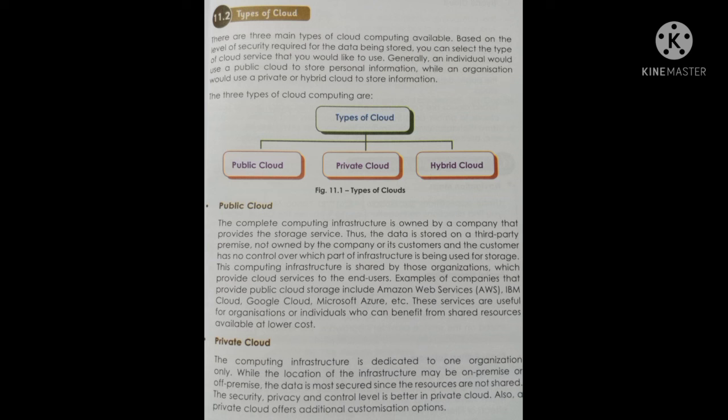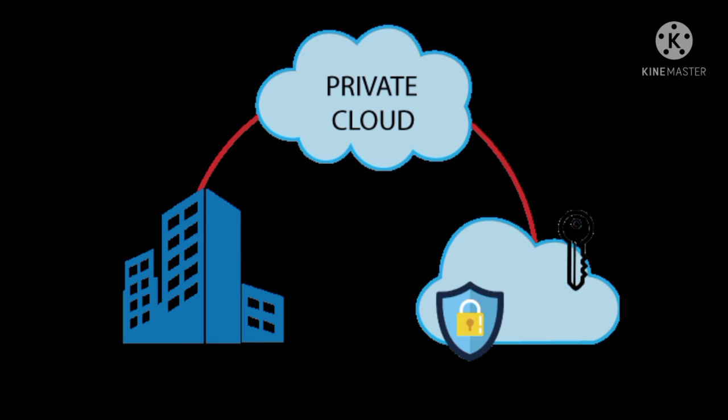The data is most secure since the resources are not shared. The security, privacy, and control level is better than public cloud. Also, a private cloud offers additional customization options.